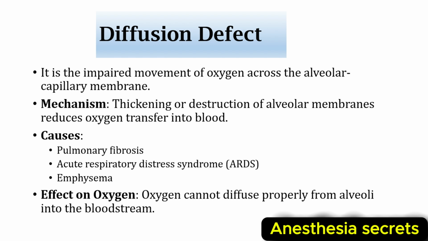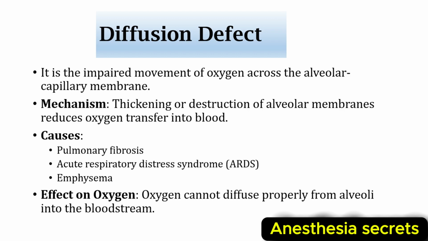Among the most common causes of this defect, the first one is pulmonary fibrosis, where there is scarring and thickening of the alveolar walls that impairs the diffusion of oxygen from the alveoli into the blood. The second is acute respiratory distress syndrome, ARDS, where this condition can lead to inflammation and fluid accumulation in the alveoli, causing thickening of the alveolar capillary membrane and preventing effective gas exchange.